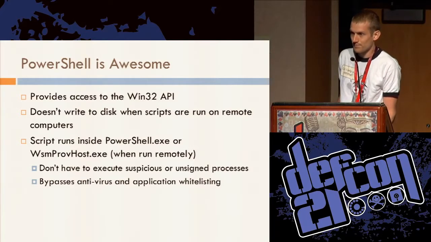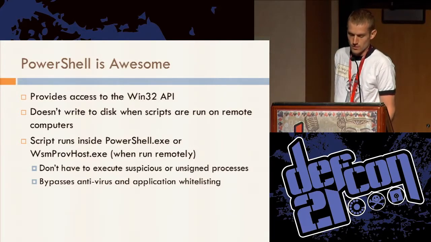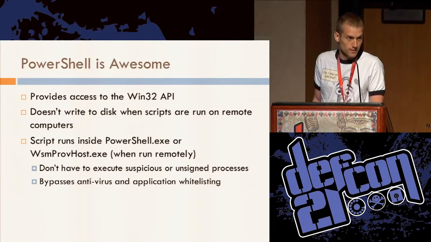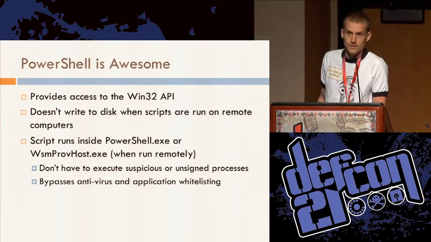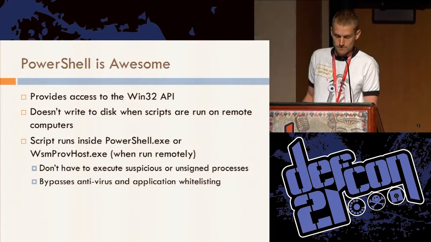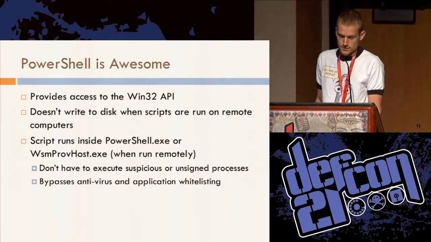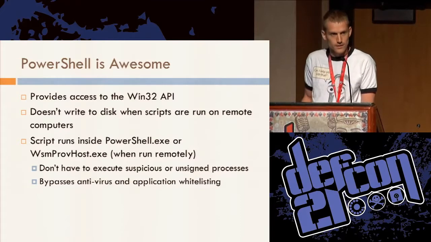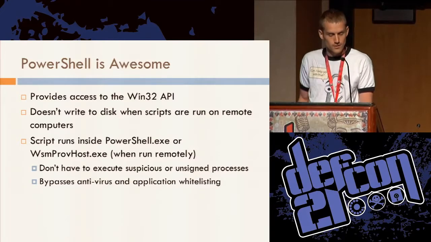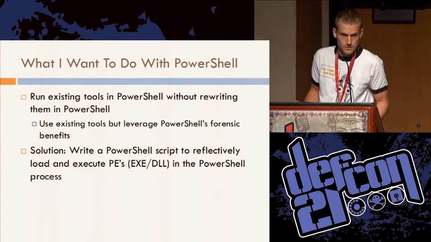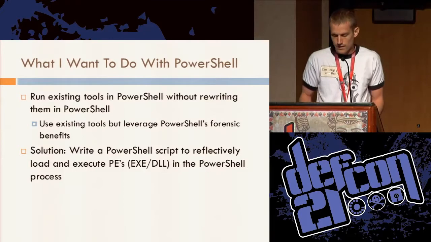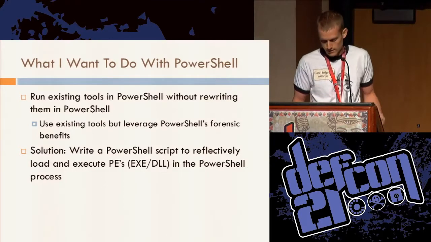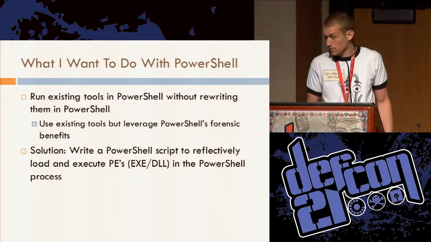In addition, any scripts that you run are going to run inside either the PowerShell.exe process if you run it on the local computer, or the wsmprovhost process if you run it on a remote computer. So this is pretty nice too, because you can write a PowerShell script that will just reflectively load PEs, which is what an executable in an exe file or a DLL is, in the PowerShell process and execute them. So that's what I'm going to be talking about.